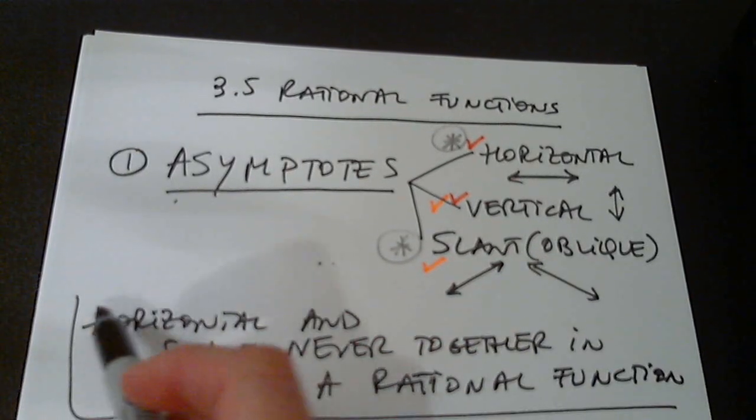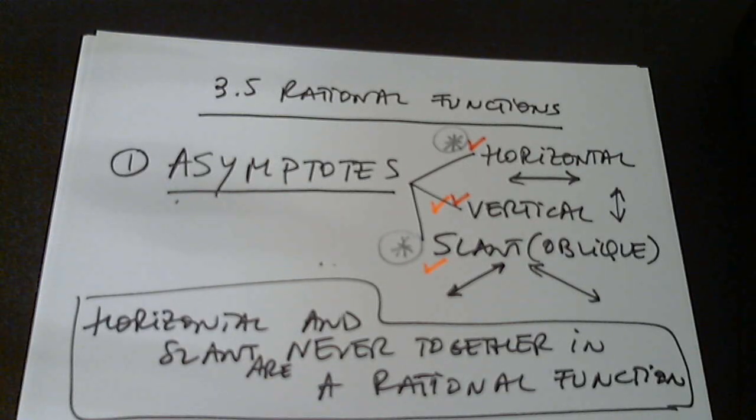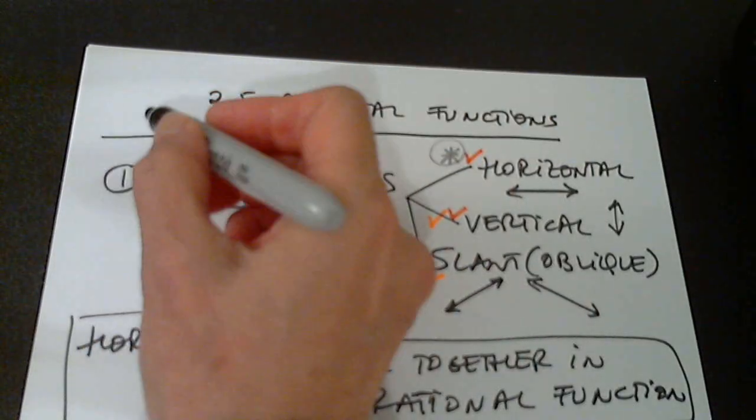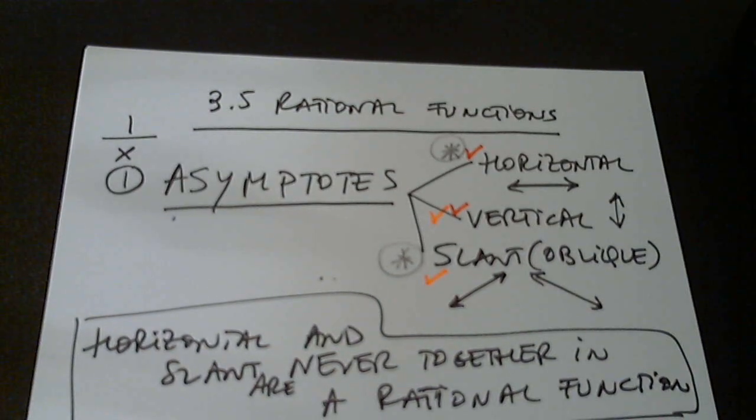So this is carved in stone. A horizontal and a slant will never be in the same rational function. I didn't mention, but remember, a rational function has to have a ratio and x in the denominator. We're going to get to examples in a minute.